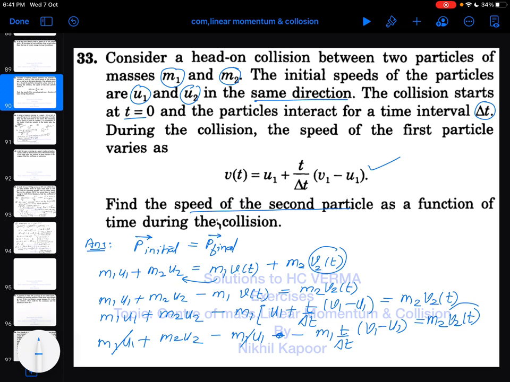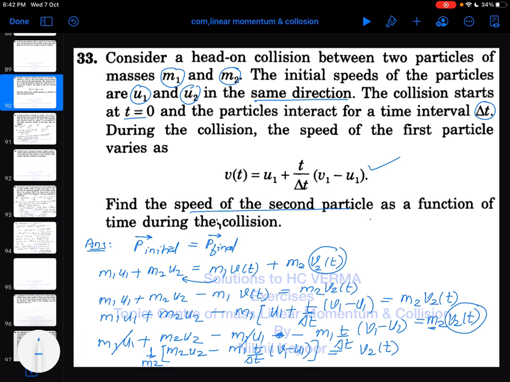We have to find velocity as a function of time for the second particle, so I will divide by m2 here. So it will be m2 u2 minus m1 t upon delta t in bracket v1 minus u1, and this whole is divided by m2, is equal to the velocity of the second particle as a function of time.